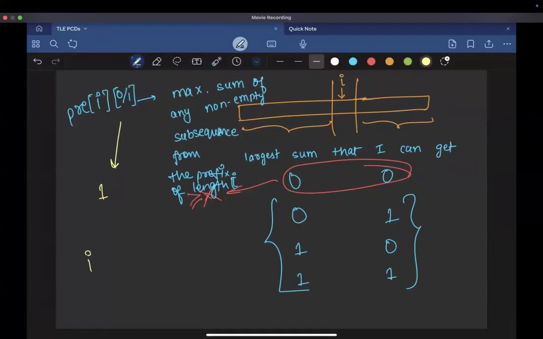Now for every i, all I have to do is, for every possible value of i, say there are two possible things. One of them is increasable sum.